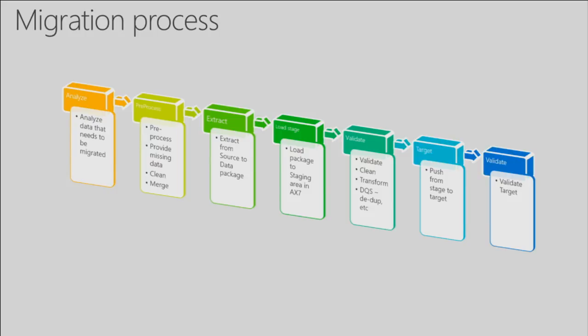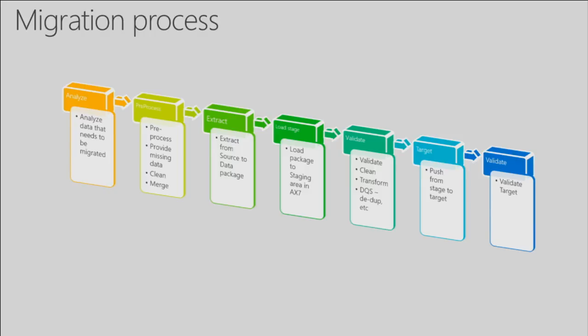Just as with any other data migration project or ETL process, we go through different phases. First, you look at your existing database and do an analysis to see how much data you have. Then we do pre-processing, whether it be validation or deduping, whatever you need to do.